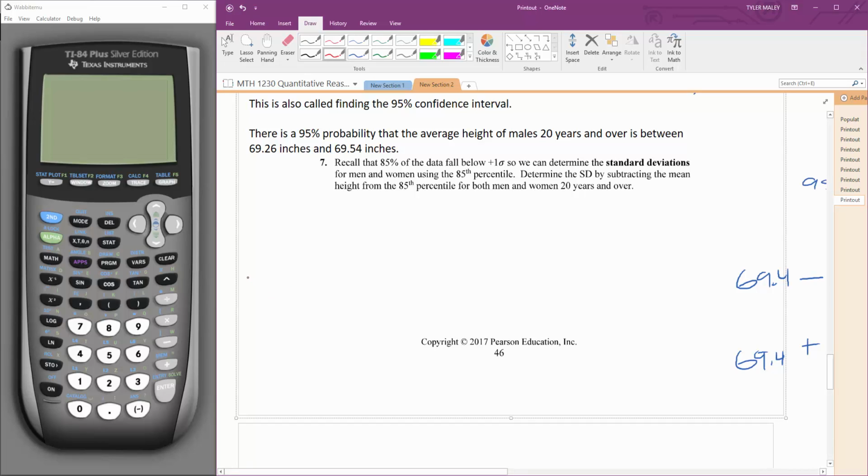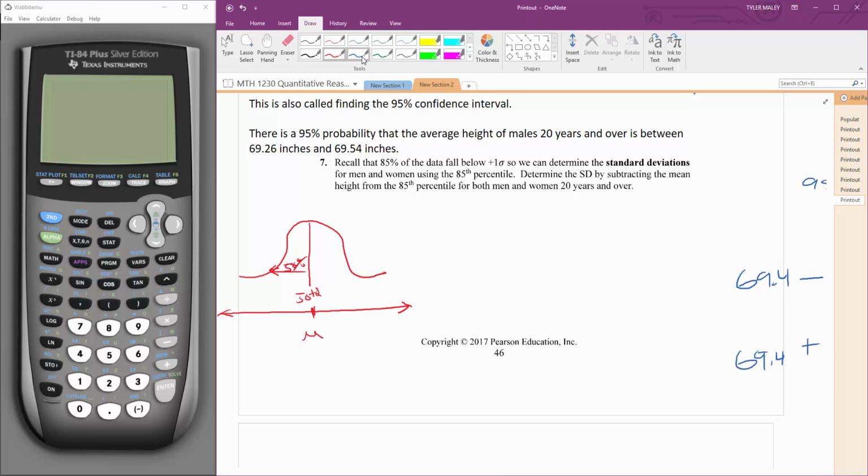So basically, here is my distribution. Here we have the 50th percentile, which means 50% of my data is below, and this lines up with mu. And the other item that we found is if we go plus 1 standard deviation away, it's really close to the left to about 85%.